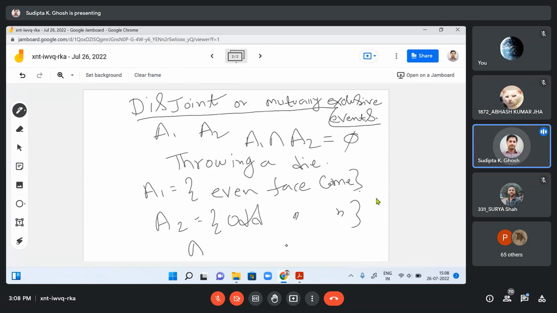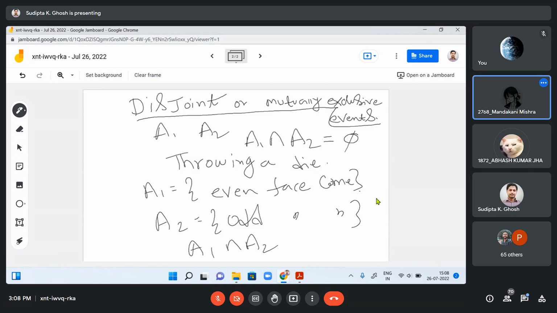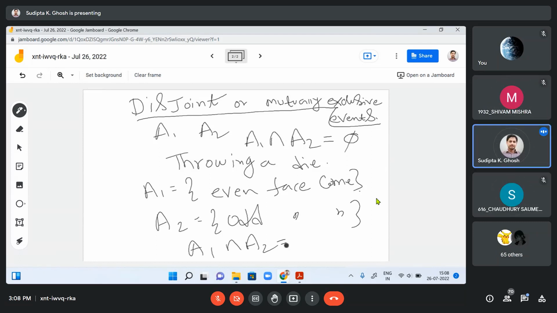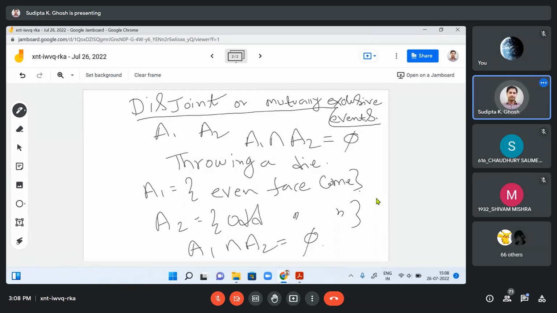Can anyone tell me the value of A1 intersection A2? It's phi, a null set. Even phase means 2, 4, 6 and odd phase means 1, 3 and 5. So A1 intersection A2 is phi, and I can say A1 and A2 are disjoint events.